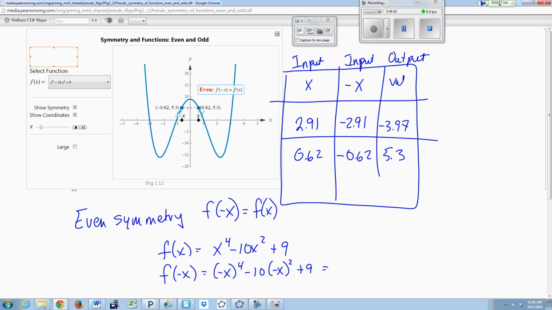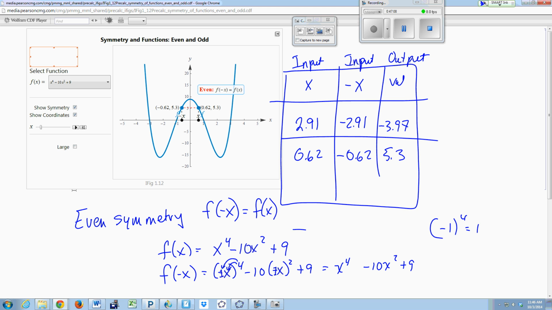Well, remember, that's a little -1 in there. -1 times x is the same as negative x. So when I raise -1 to the fourth power, I raise x to the fourth power. Well, -1 to the fourth power is what? 1. -1 to the fourth is 1. A negative number to any even power is positive. So this is x to the fourth. This is minus 10x squared. And this is plus 9.